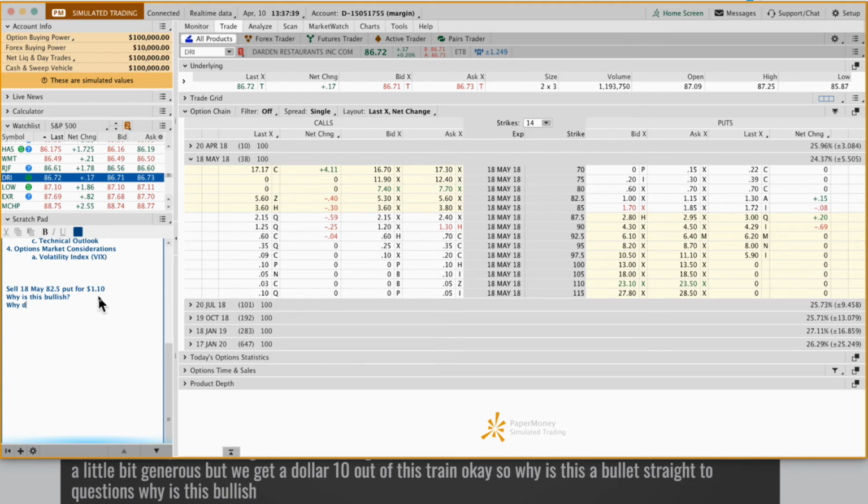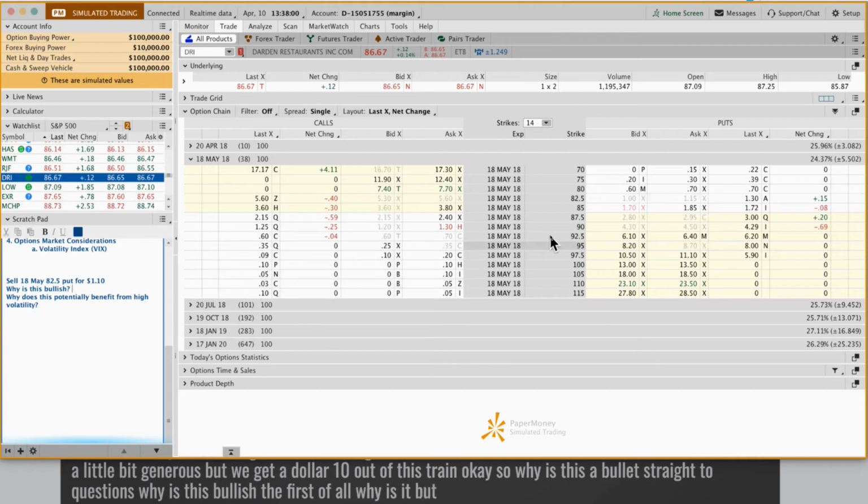And why does this benefit from high volatility? And of course, you got to always say, why does this potentially benefit? Right? Okay.